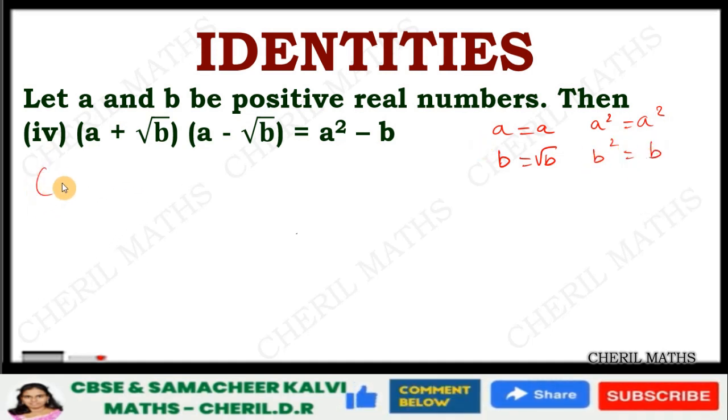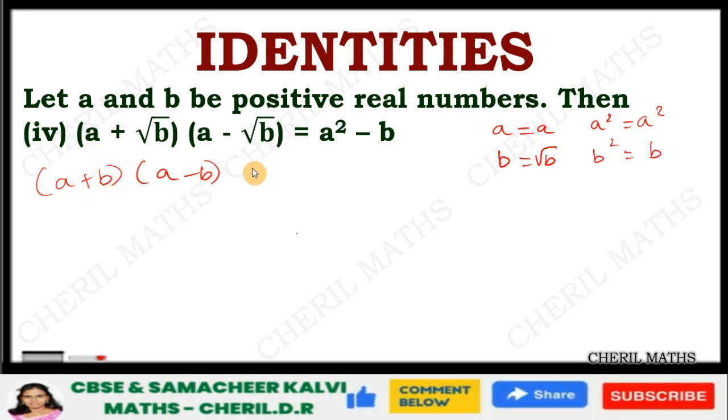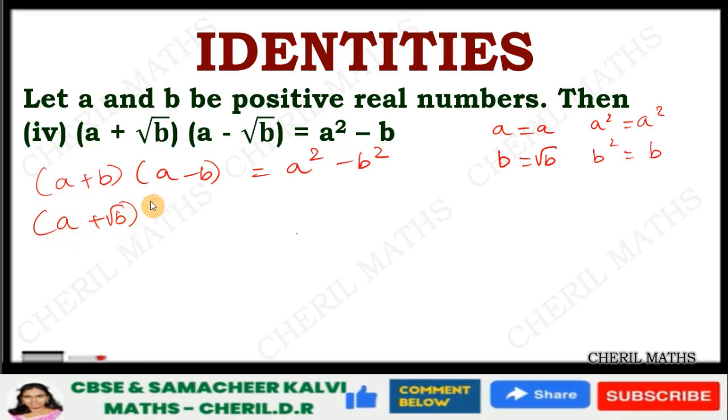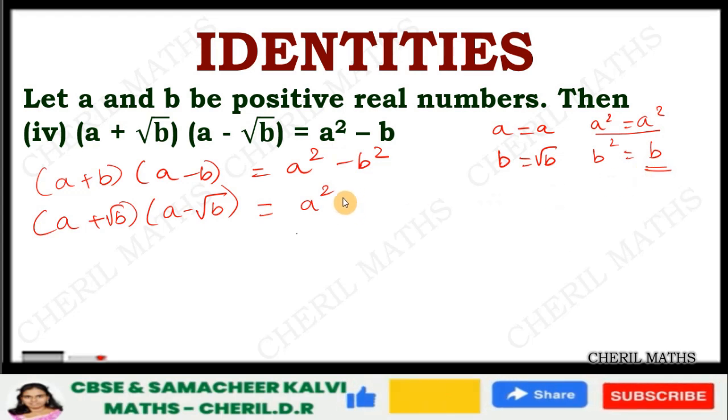Now compare with the formula you know: a plus b into a minus b will be a square minus b square. Now for a you have a, for b you have root b. So a plus root b into a minus root b is equal to a square minus b. Is it clear, children?